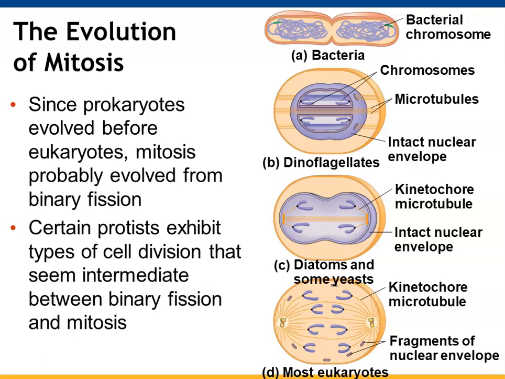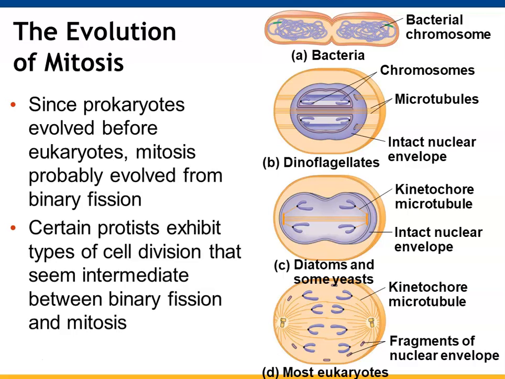So it is thought that mitosis most likely evolved from this binary fission process. You can see there with bacteria, and with the dinoflagellates you have a little bit more, a more structured nuclear envelope. You've got microtubules taking place.